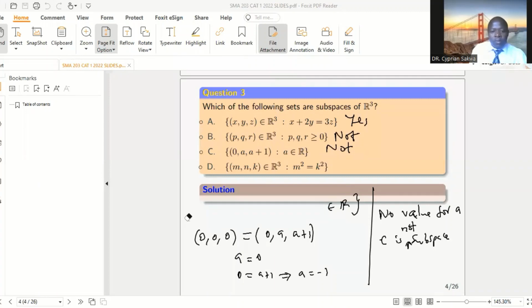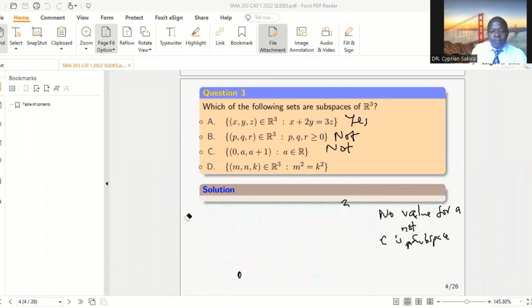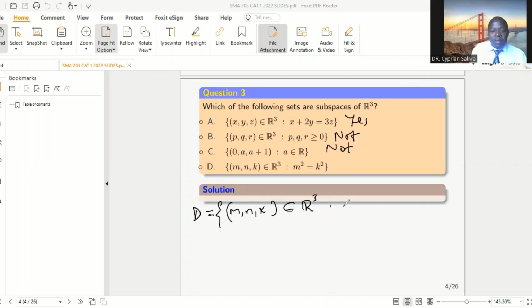Let's look at D. Want to see whether it's a vector subspace or not. From the look of things, let me just write it first of all. D is a set comprising of (m, n, k) in R3, such that the square of the first element equals the square of the third element.